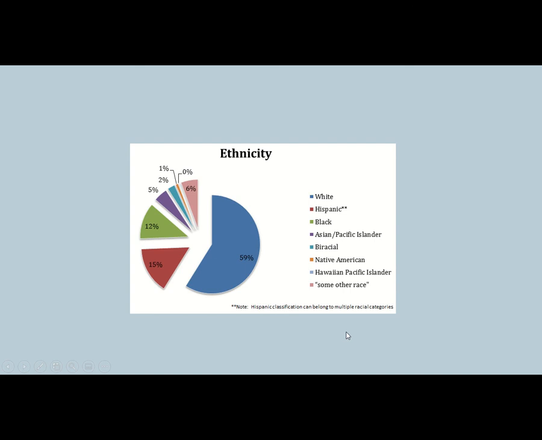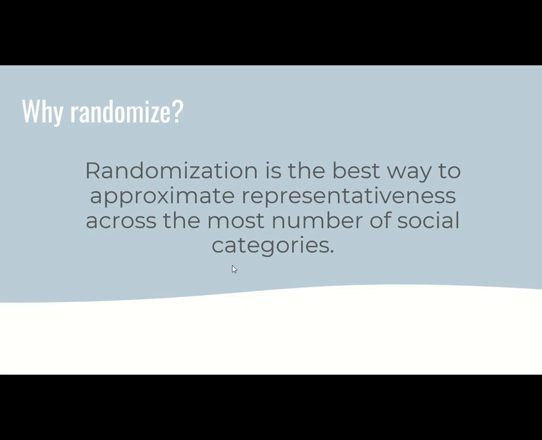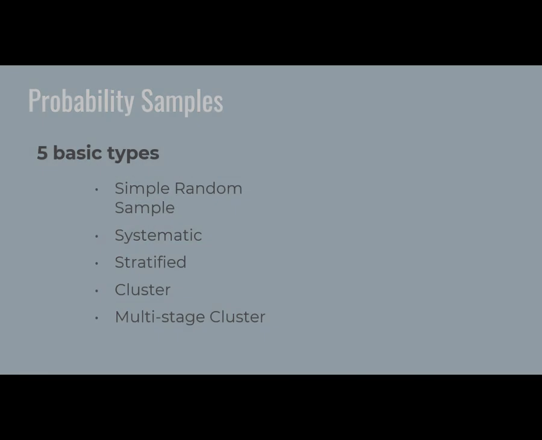That's what we want in order to reduce our sampling bias. And we hope that by randomly choosing people from our population, that's the best chance we have at approximating representativeness across the most number of social categories. So randomization goes with probability sample.